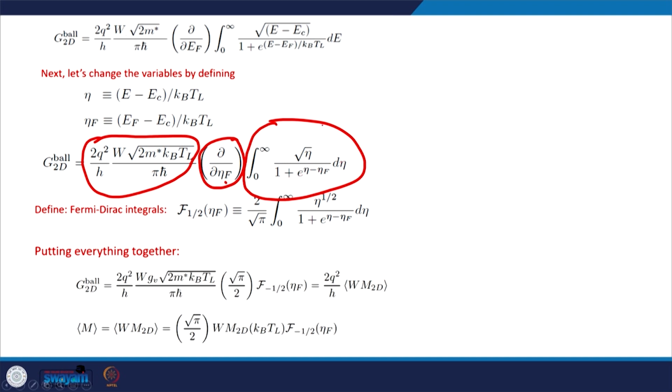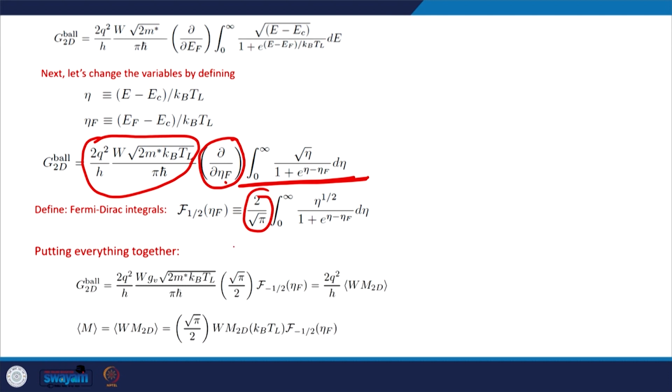This we saw in our last class as well, and today, with a bit of background of Fermi-Dirac integrals, this thing is now more clear. I hope this is more clear now. As we can clearly see, this is the Fermi-Dirac integral of order half, with some constant in it.